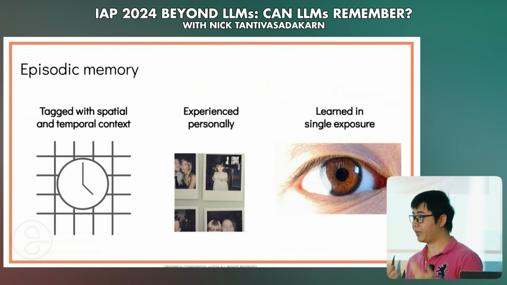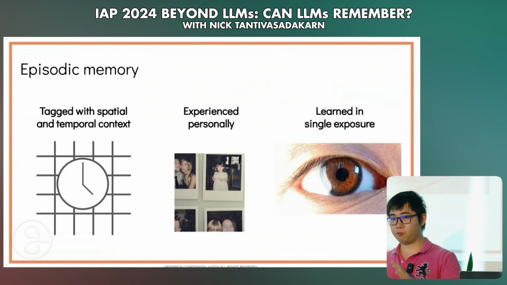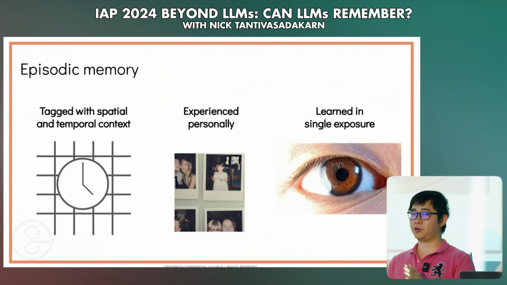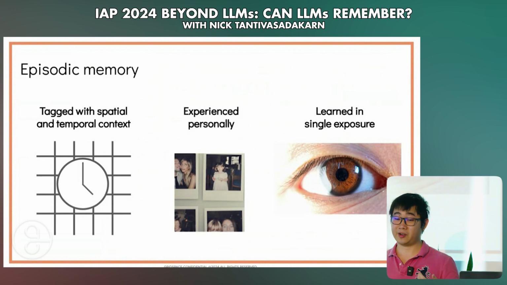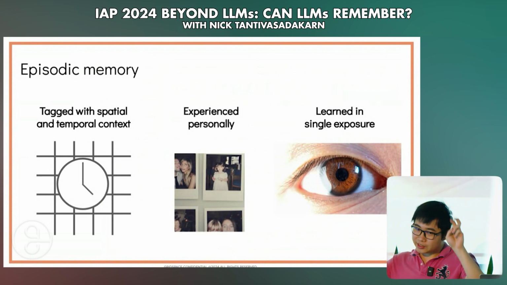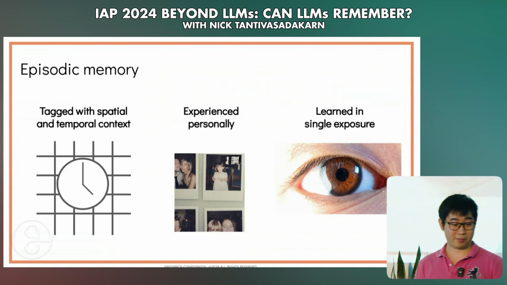Second property is that it is experienced personally. You can only have experiences of events that you experience. Now you might argue, wait, what if my friend told me about this cool event that happened to them? Well, that's actually not experiencing it, but rather your own reconstruction of that memory from what you hear from your friend. So it's not exactly experiencing that kind of memory.